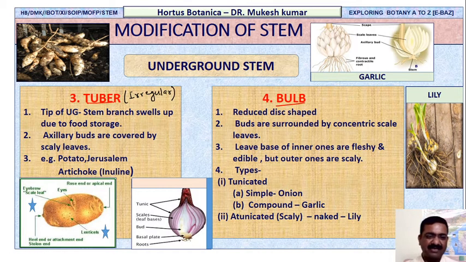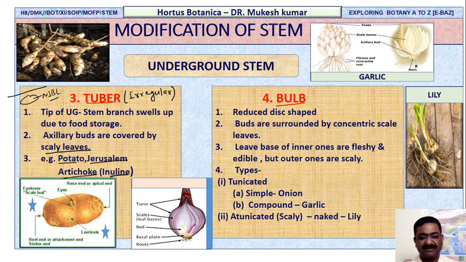It will also be underground, but to identify that it is a stem, it will also have nodes. The tip of the underground stem branch swells up due to food storage. Axillary buds are covered by scaly leaves. The examples are potato, Jerusalem artichoke and inulin.